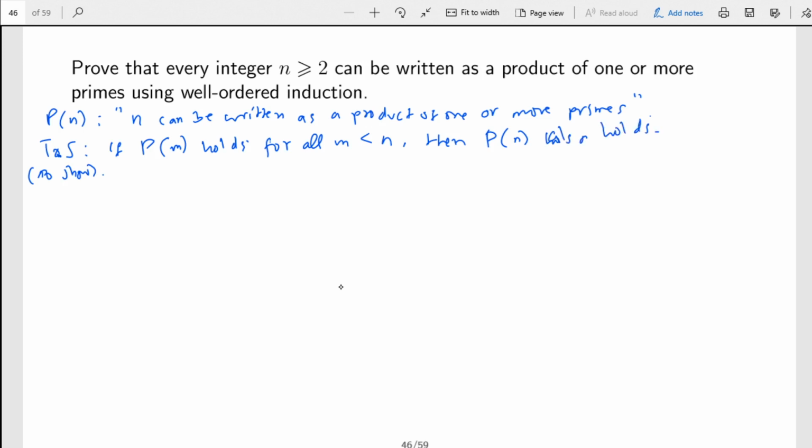So suppose P(m) holds for all m less than n, where m, n are integers greater than or equal to 2.